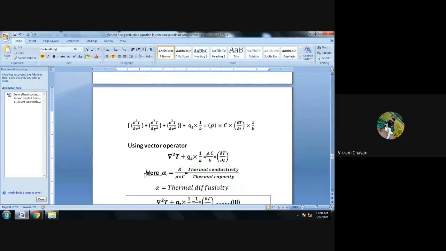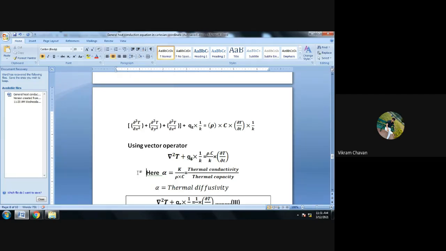In the next lecture, we are going to understand the significance of thermal diffusivity. But here the terminology comes inside this derivation, and for that purpose we are interpreting it: alpha is equal to k divided by rho multiplied by c, which is thermal conductivity divided by thermal capacity.